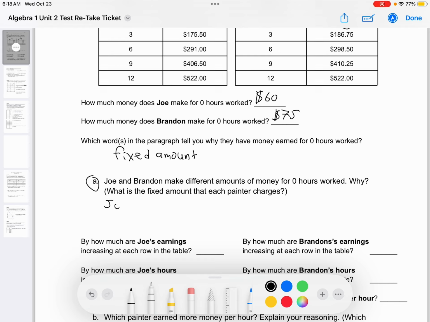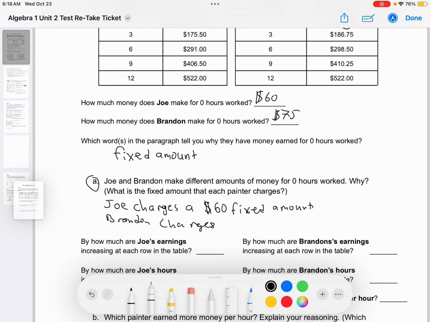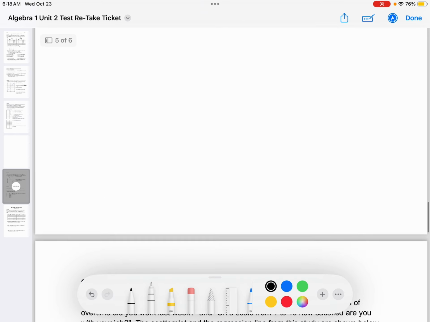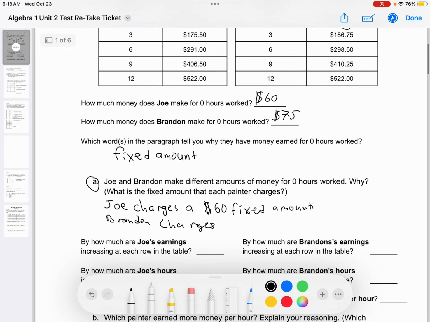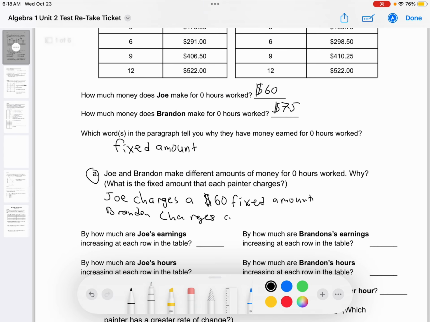Joe charges a $60 fixed amount, and Brandon charges a $75 fixed amount.